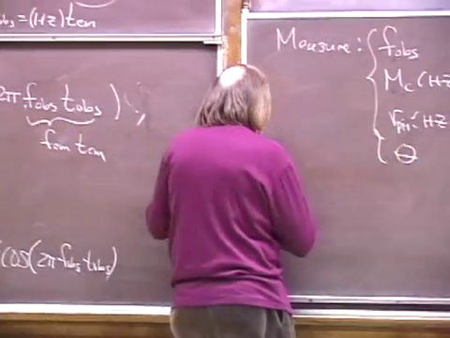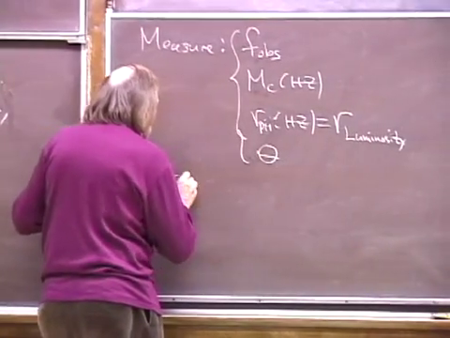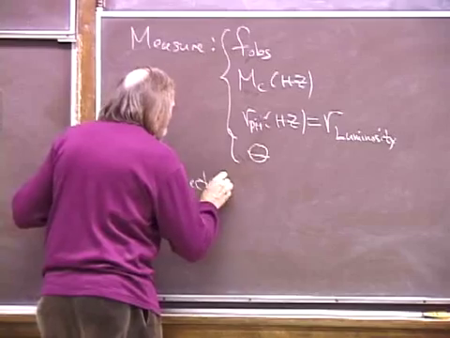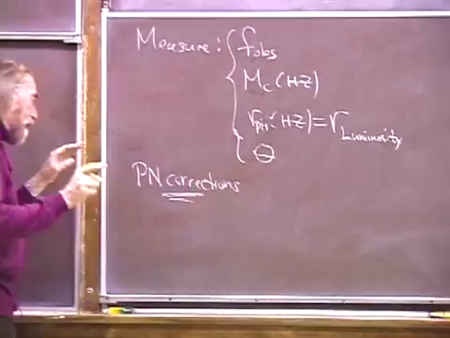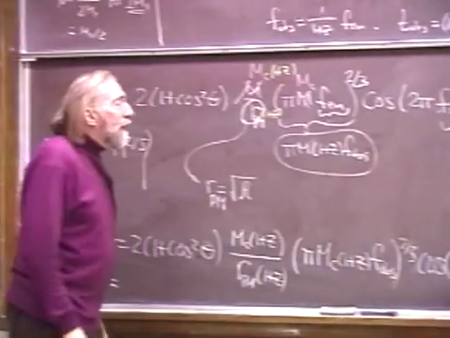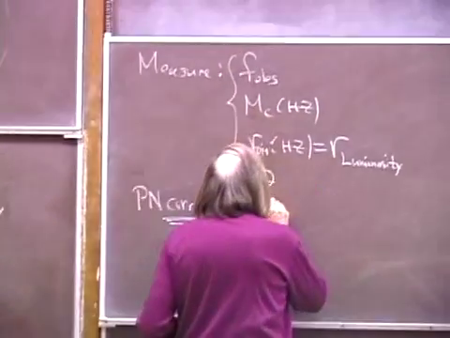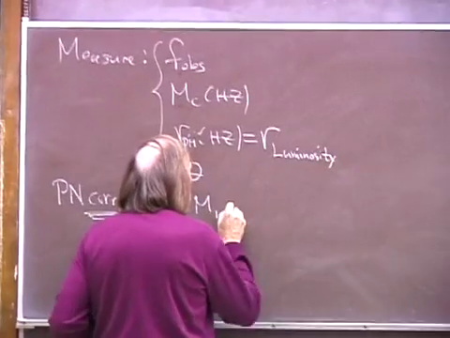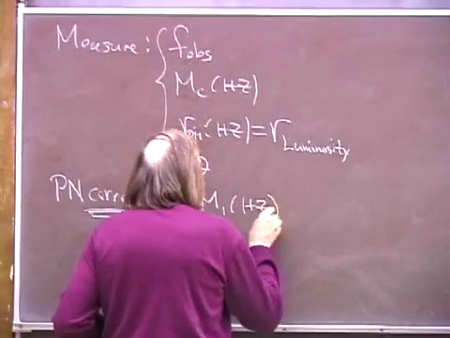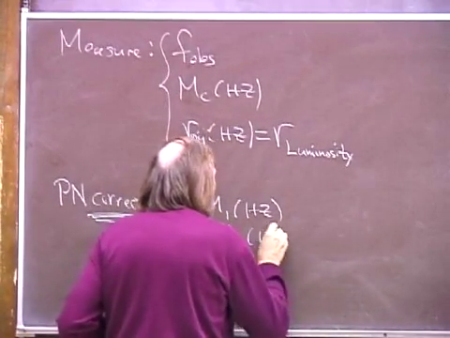If we look at the post-Newtonian corrections that Alexander talked about last week, then we can get the individual masses as well, but not surprisingly, and this will be an exercise for you, you get m1 times 1 plus z and m2 times 1 plus z.